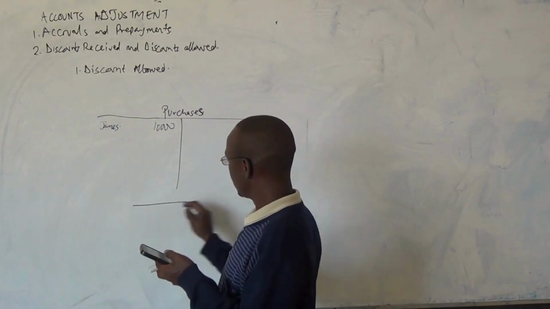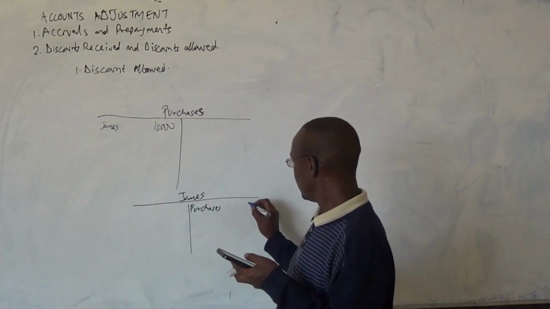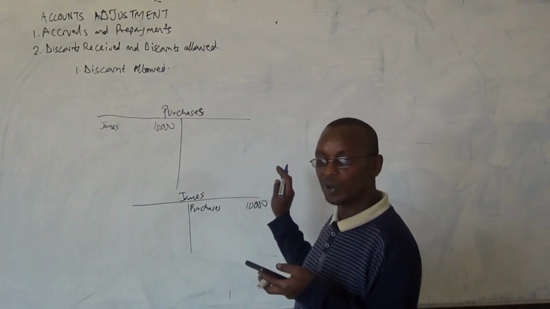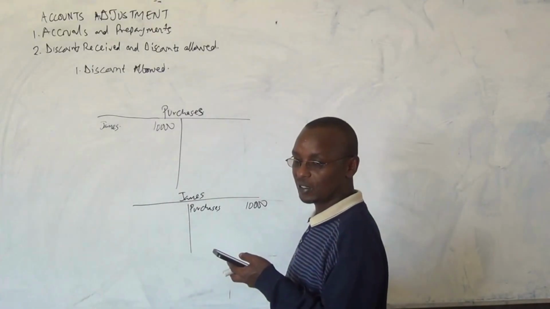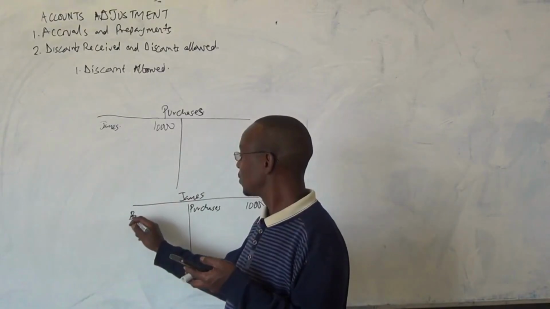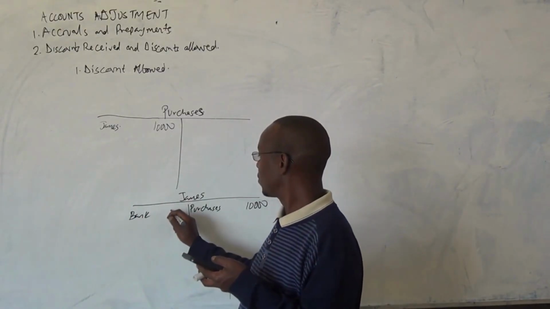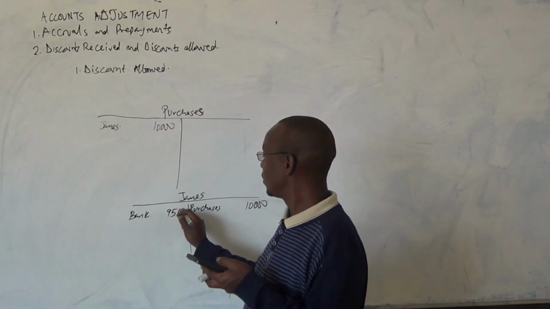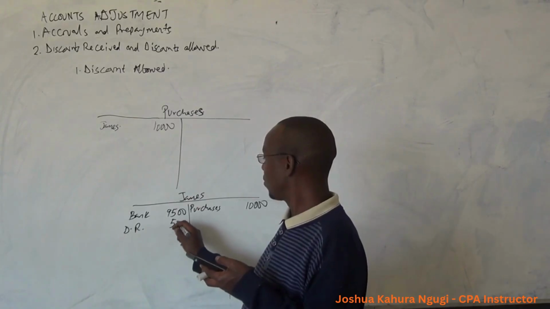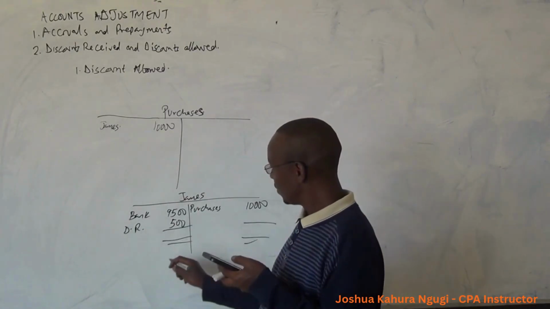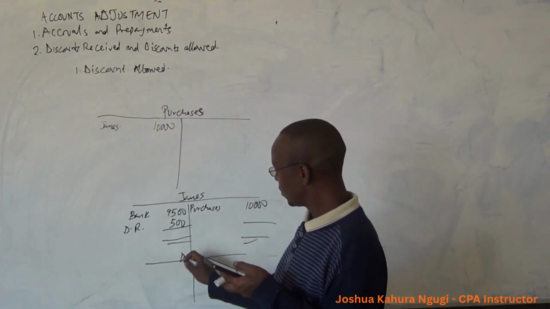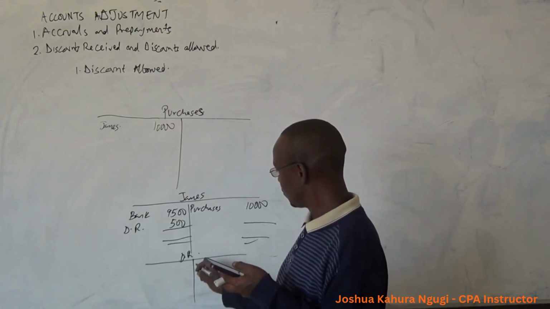The double entry. And then, when he comes to pay, he gives us a 5% discount. So we are going to pay him how much? 9,500. And then, discount received will be 500. Then this will bring another account here, the double entry for this. Discount received. This is from James.